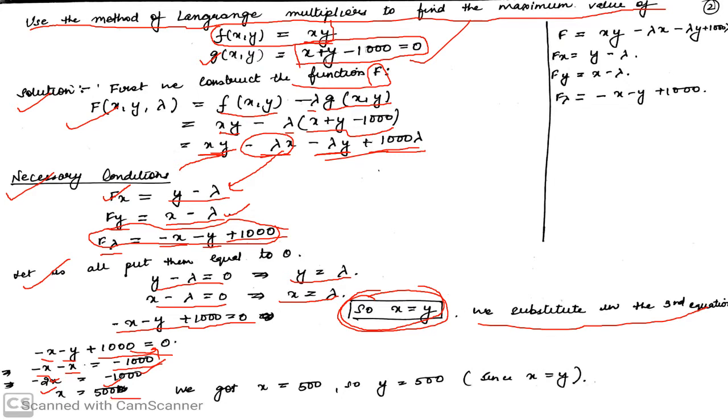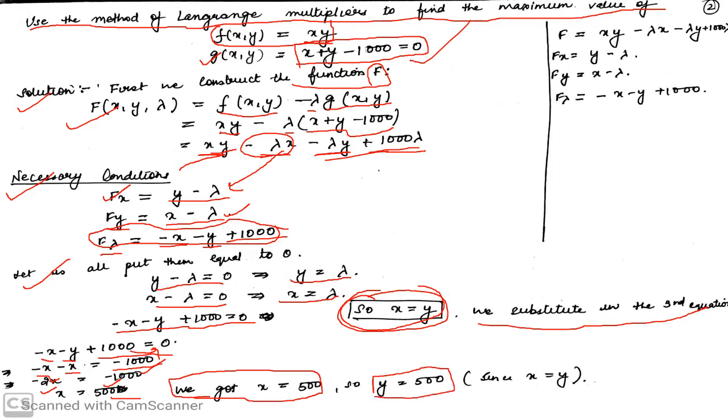Since x is equal to y, y is also equal to 500.